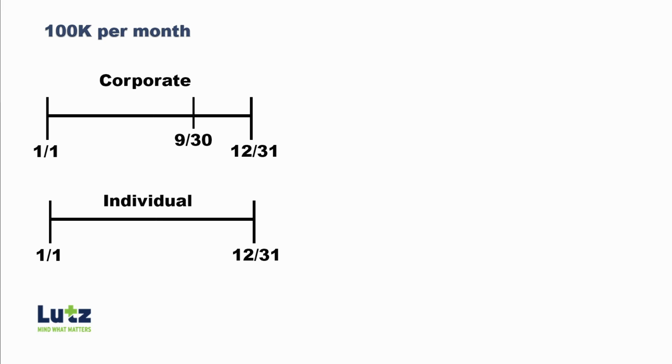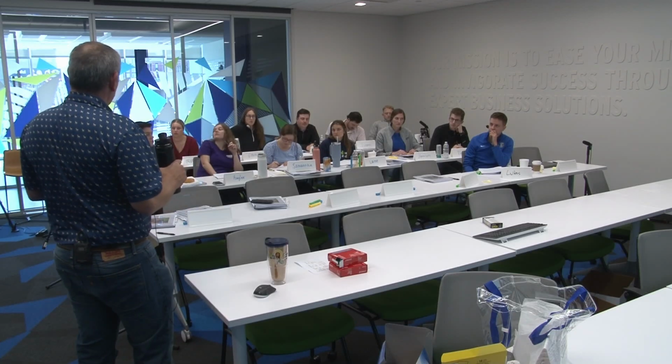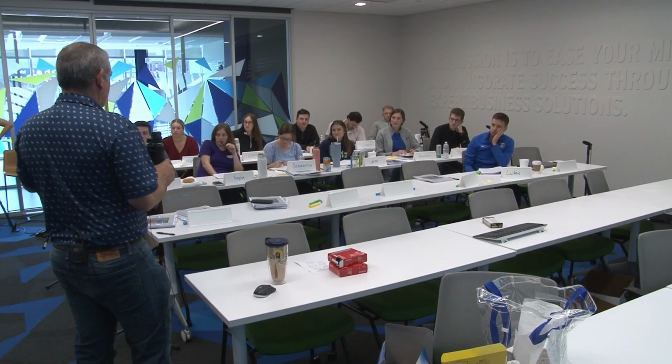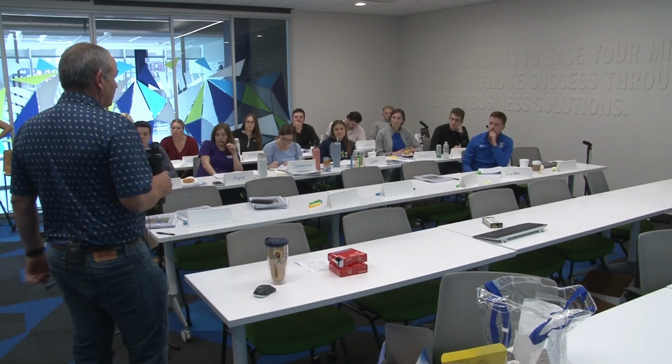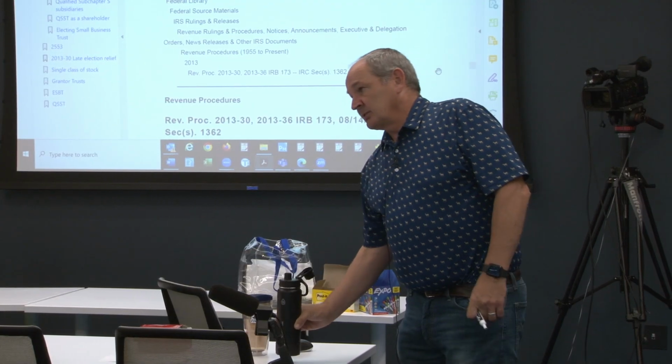So, Lucas, how much does it earn on an annual basis? 1.2 million. We earn $100,000 a month. So if the corporation makes a 444 election to be taxed at 9/30, that means we have a tax return that's due with a tax year ending 9/30. How much did the company earn through 9/30, Lucas? 900,000.